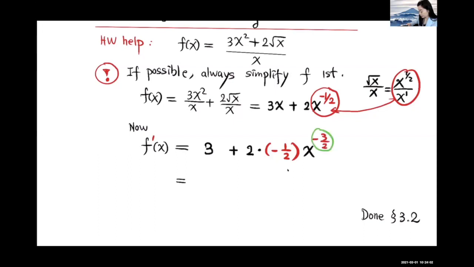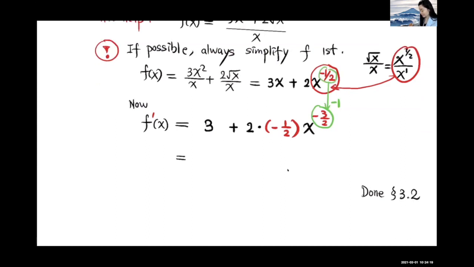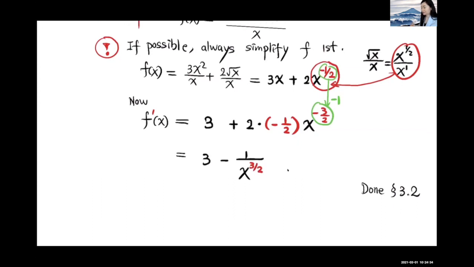You got it. The exponent decreases by 1, so it's negative 3/2. Now you can simplify this. You get 3 minus 1 over x to the 3/2 power, and that's the answer.